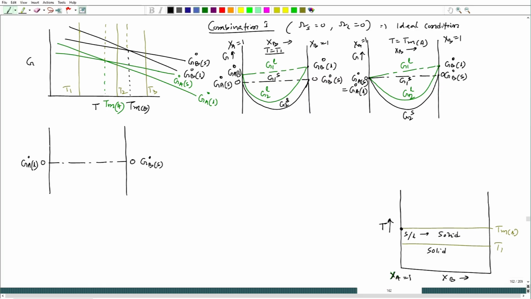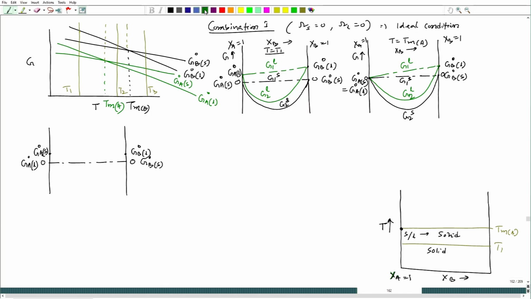And here we will have G B naught liquid, and here G A naught solid would have higher free energy as compared to G A naught liquid.